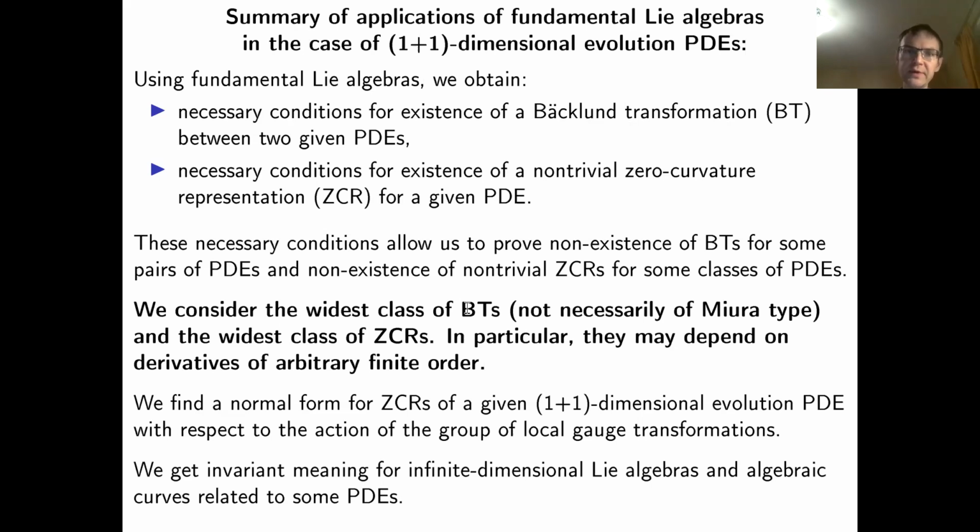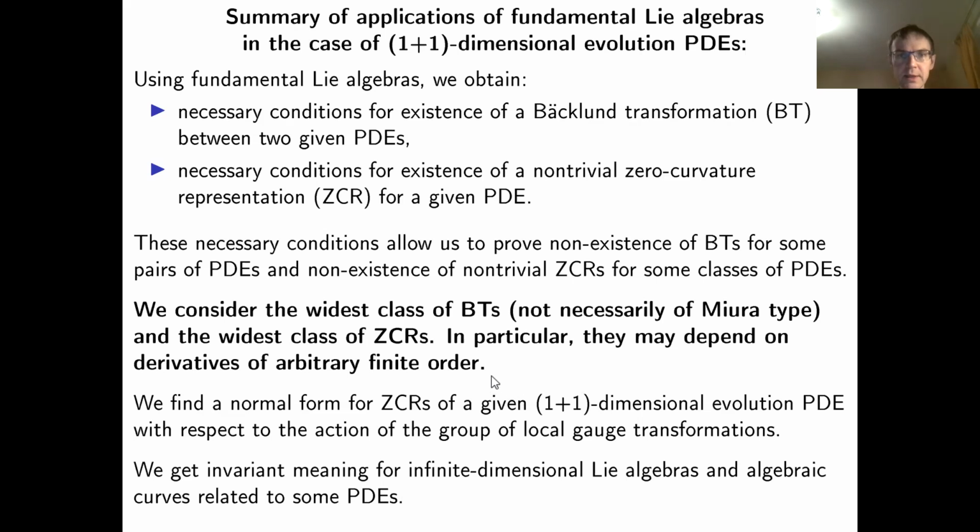And I would like to emphasize that we consider the widest class of Bäcklund transformations, which are not necessarily of Miura type, and the widest class of zero curvature representations, which may depend on derivatives of arbitrary finite order. In particular, the order of derivatives in the zero curvature representations and Bäcklund transformations can be in principle higher than the order of the initial PDE.